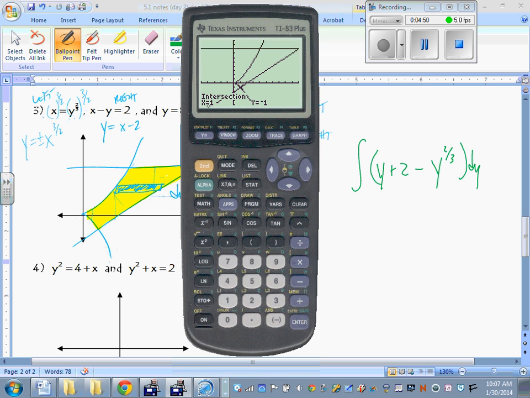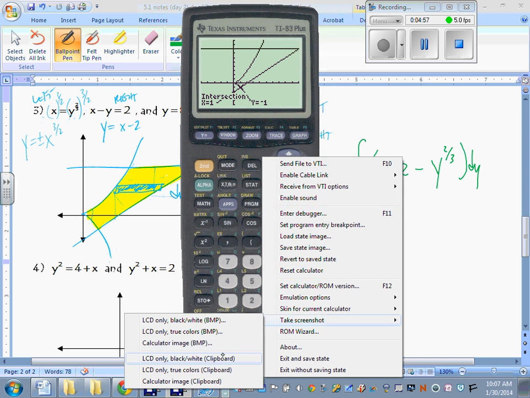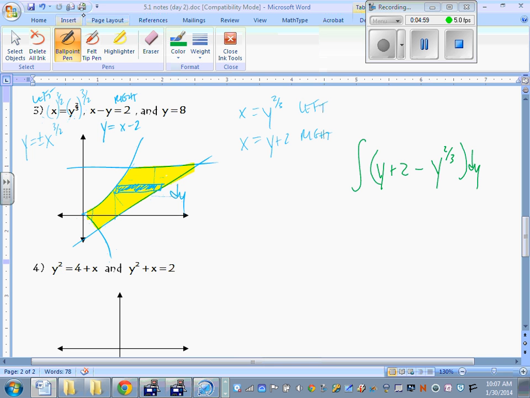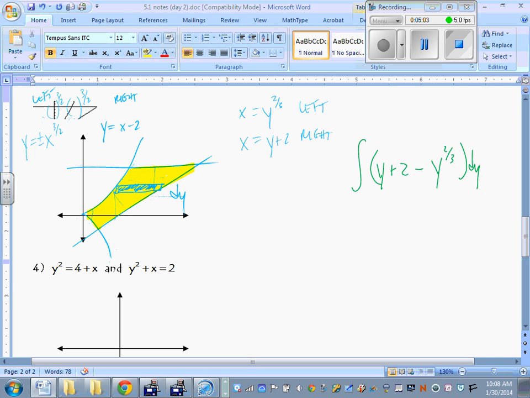And we get it at 1, negative 1. So our y value there is negative 1. Alright, so you can't see that, but we end up with -1 for that.